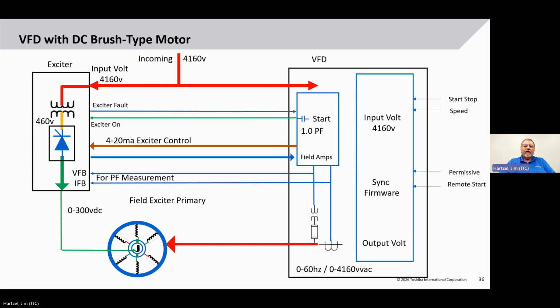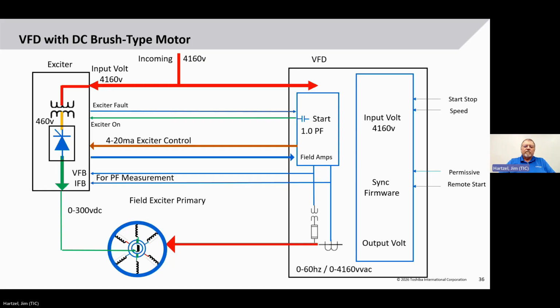So the drive will output a 4 to 20 milliamp to the exciter, which will vary the field current. Now, if you go back to those V curves, you could figure out how much field current I need for a given load to give me a unity power factor. The algorithm in the VFD already will do that.